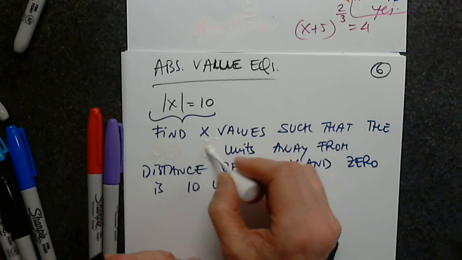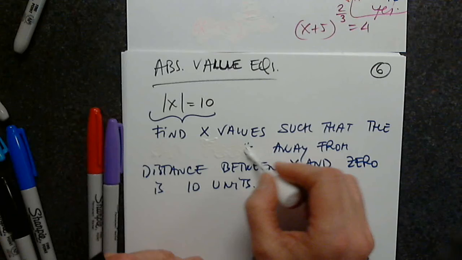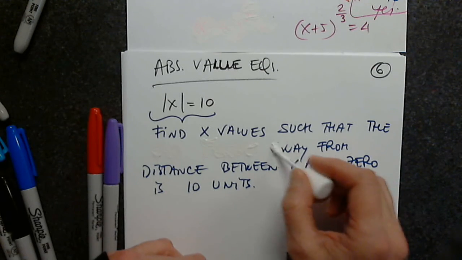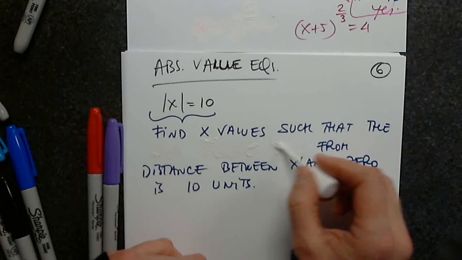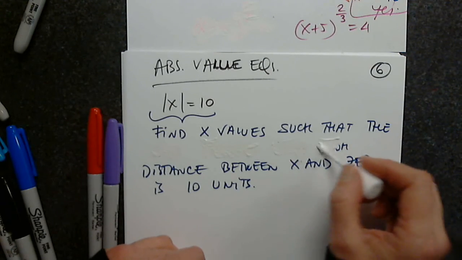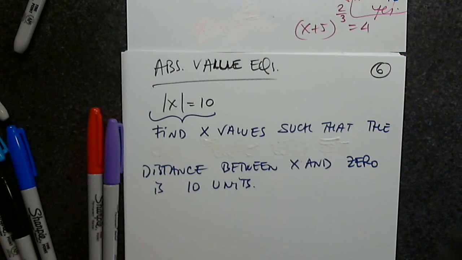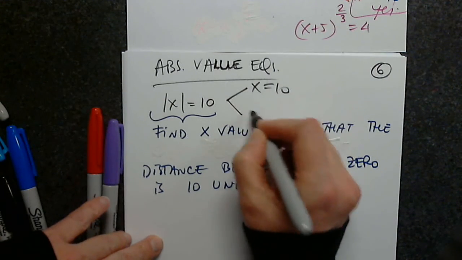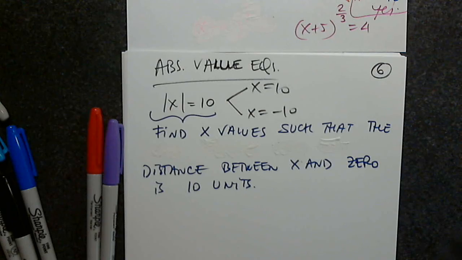So let's find x such that the distance between x that you give me and 0 is 10 units. What do you think? Which numbers are found 10 units away from 0? Very good. Thank you very much. Indeed. X equals 10, x equals negative 10.